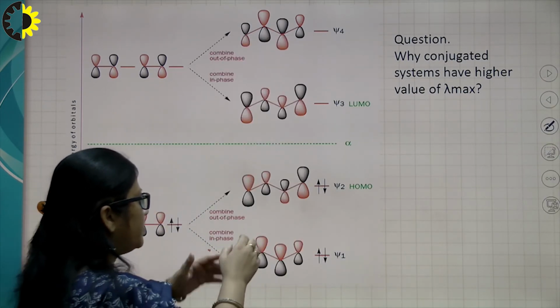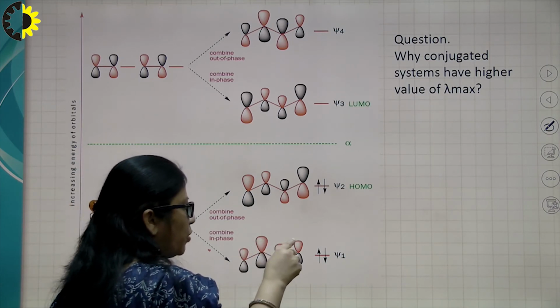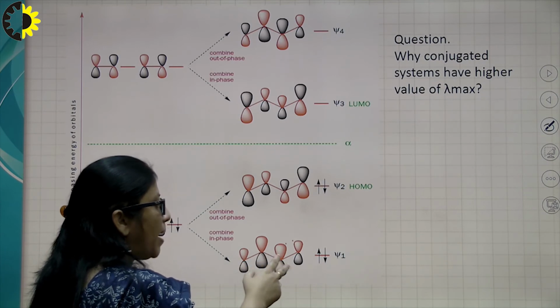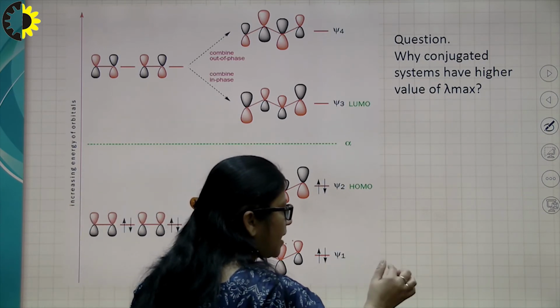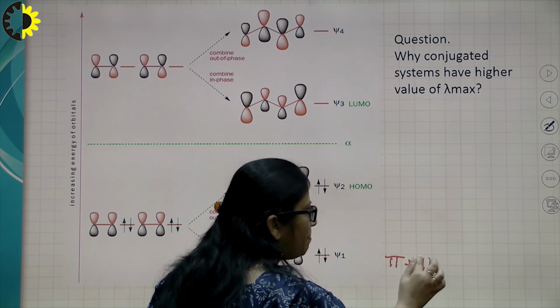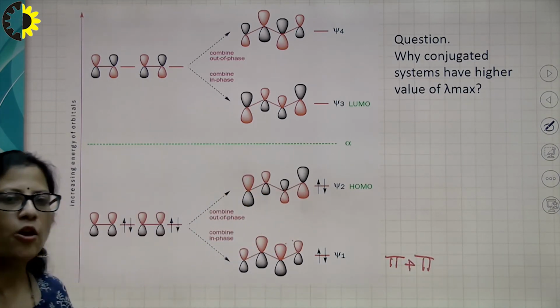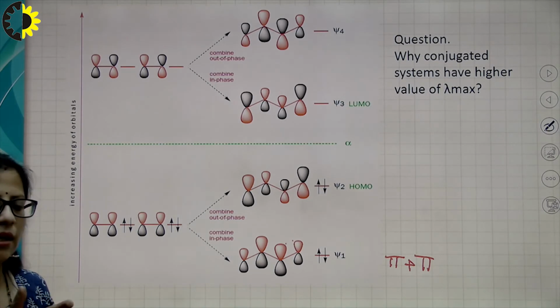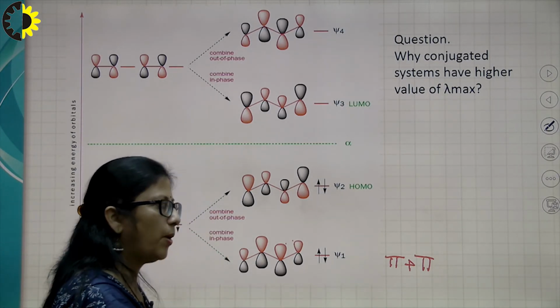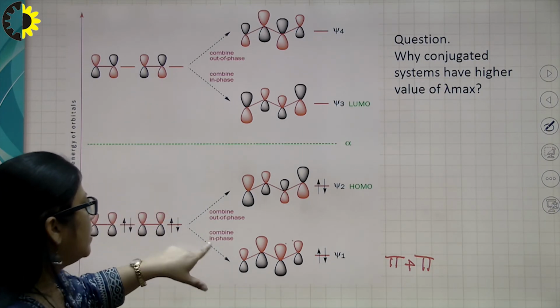So all are plus on one side, minus on the other side. Psi 1 results from the combination of pi plus pi, the pi orbitals of both the double bonds.